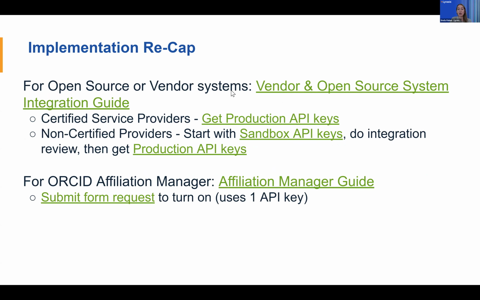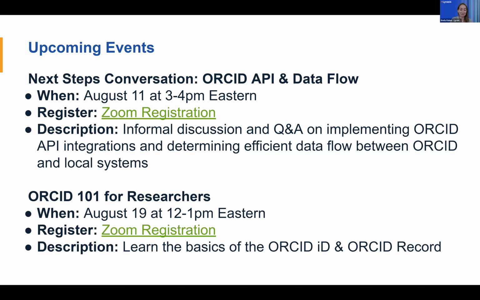And we also have guides if you're not interested in custom integration, or maybe you're also interested in turning on some vendor integrations, we have a guide for that too. And also there's a guide for the affiliation manager. But also, if you can't find what you're looking for, don't hesitate to contact us.